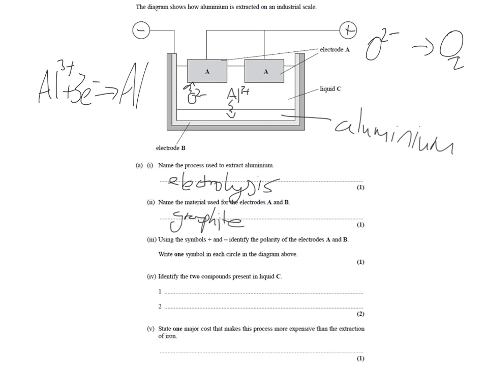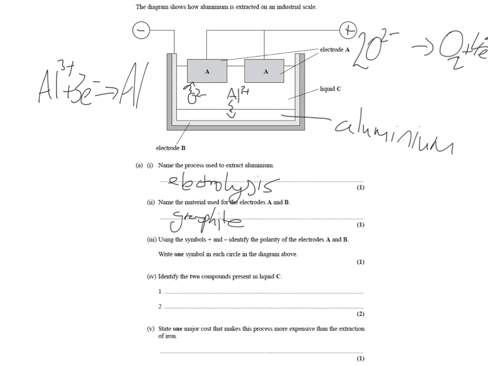Writing is even worse than normal today. Now, as we need 2 oxygen atoms to do that, we need 2 oxides. And now the charge on the left-hand side of this equation, because we've got 2 of them, is 4-. So I would put 4- charges on the right-hand side.